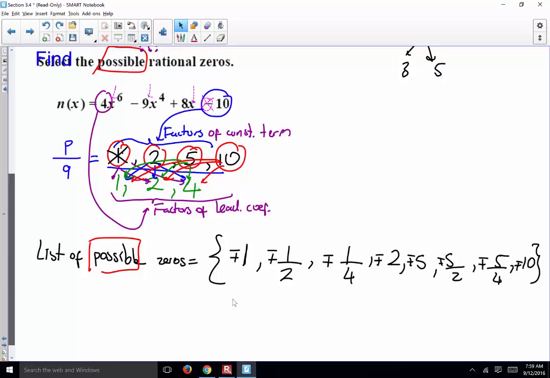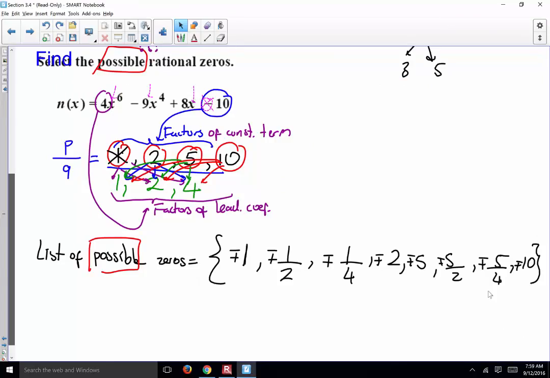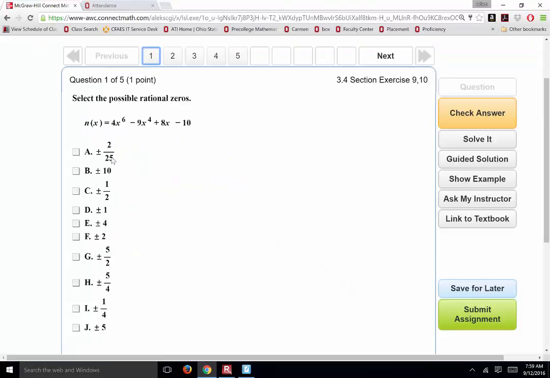In your homework though, you've already been given options, so you just need to pick the ones that show up on your list. 2/25, is it in your list? No. Plus minus 10? Yes. Plus minus 1/2? Yes. How about 4? No. Plus minus 2?